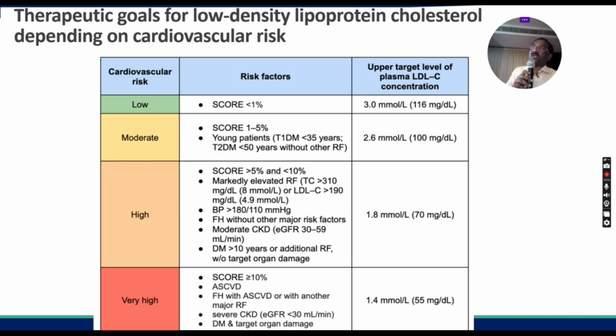So the most important take-home point from today's discussion is you have to keep your LDL levels for most of our population to less than 70, in some of the population less than 55, and in those with less than 55, maybe 30 is also possible when they have a past history of atherosclerotic cardiovascular disease or diabetes with target organ damage.